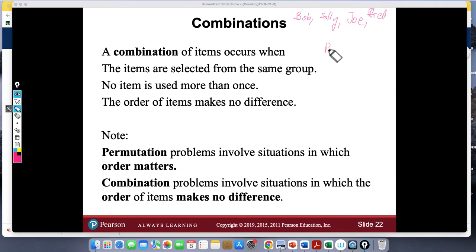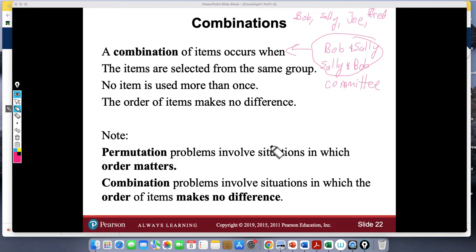If we choose Bob and Sally, is that the same thing as choosing Sally and Bob? If they're just going on some kind of mission, there's no first or second person, then we would say order's not important. That's the same group. We're sending the same 2 people to go check the parking lot for something. Okay, so that's a combination. Usually the key word is that it's a committee.